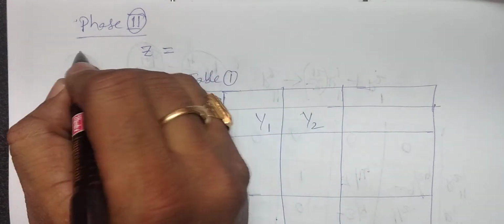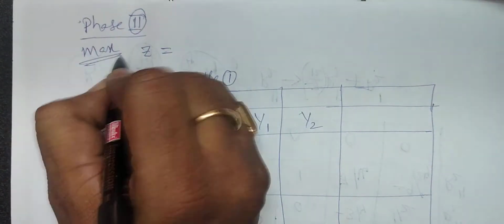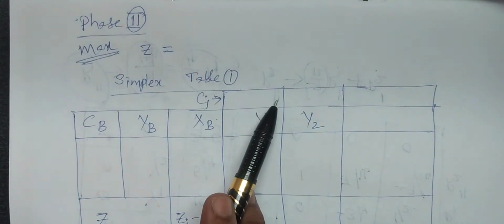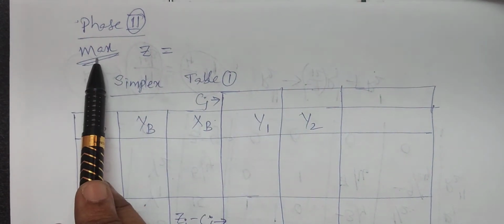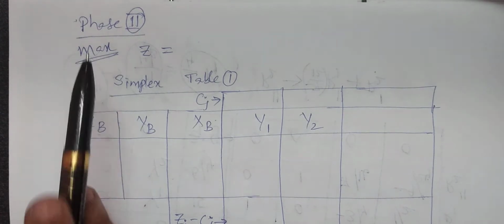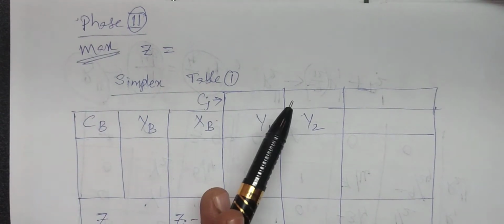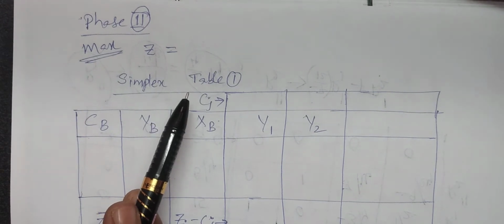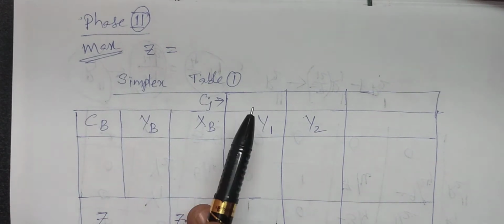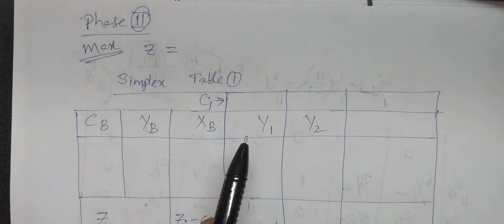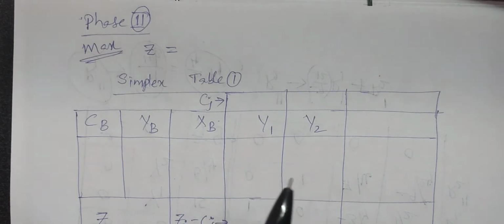Since it is a problem of minimization, if it is minimization, don't consider the objective function of minimization, because we have converted it into maximization, because the simplex method can only be applied for maximization.